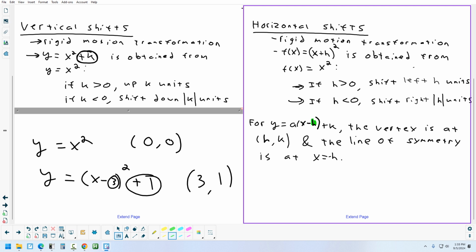Just what I highlighted in green, not the minus, just the h, and this whole thing. If you write down the two things that I highlighted in green, put a comma between them, you'll automatically get the vertex. So it's the number after the minus and the number at the end.